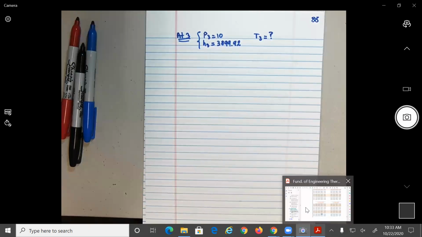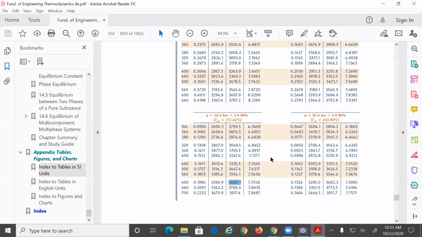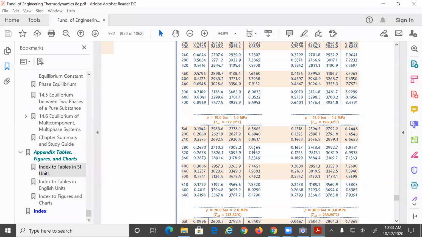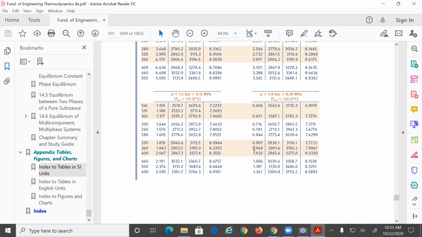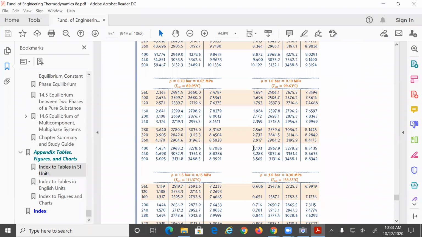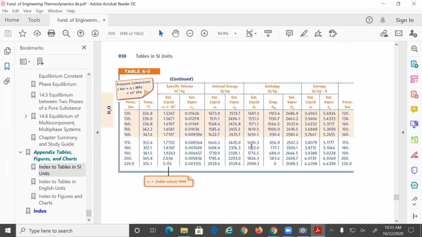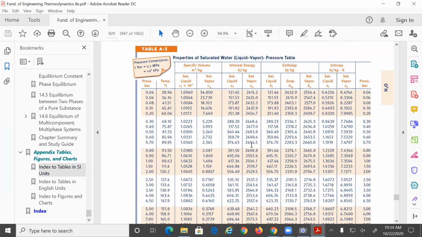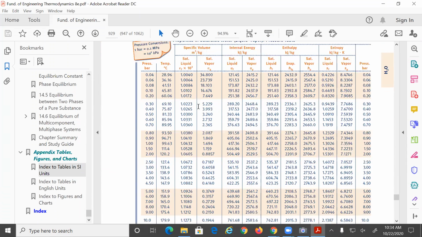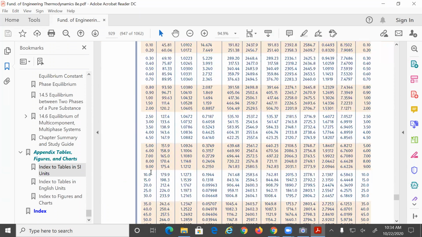So let's go here and see what happened. Let's first look at table A4 and see what we really have. Let's go to the other one. Pressure, table A3, we go to 10 bars.